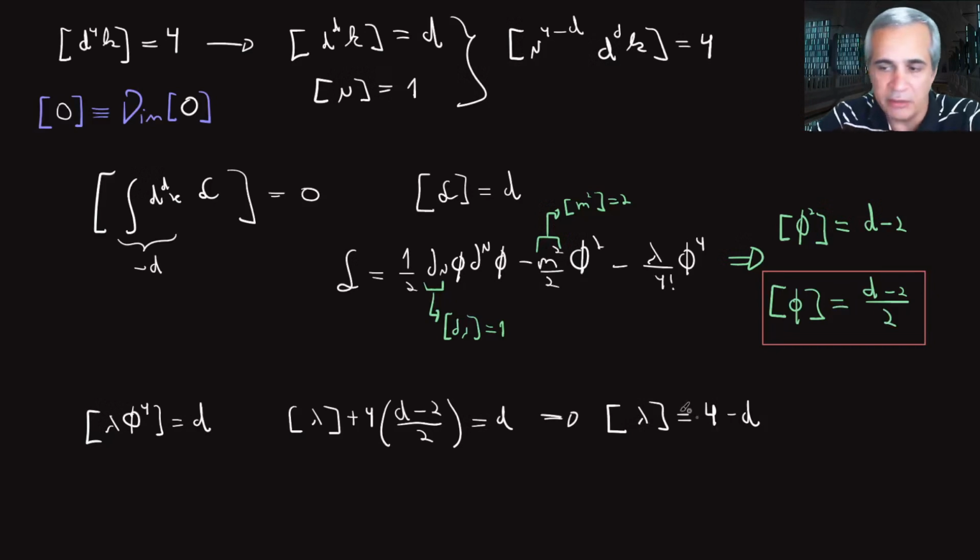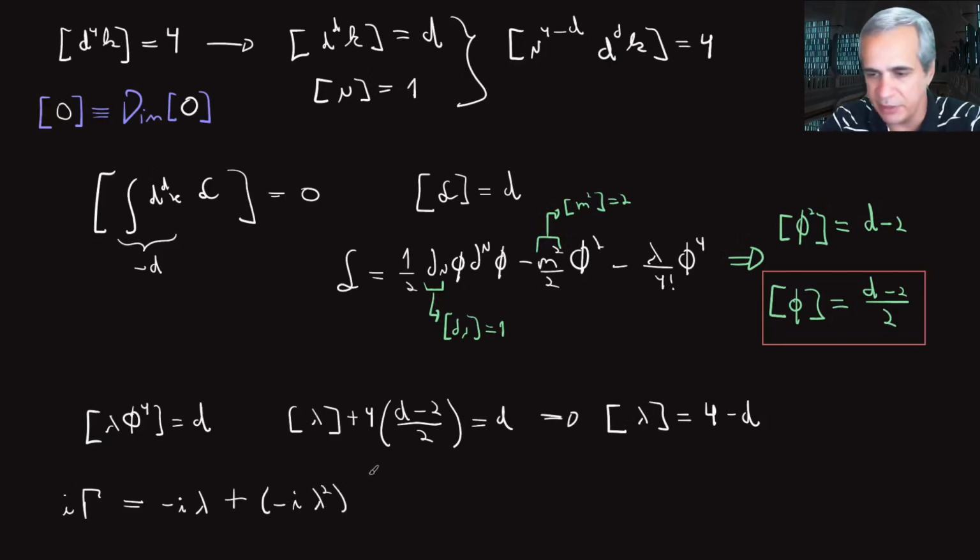But that's okay. You can keep it like that, and that would mean that the expansion for the 4-point function will look something like that. Minus i lambda plus, and here comes the first loop, something like minus i lambda square. And again, many things, but the important part for dimensional analysis here is the integral, the measure of integration, and the total power in the propagators, which is something like 1 over k to the fourth.